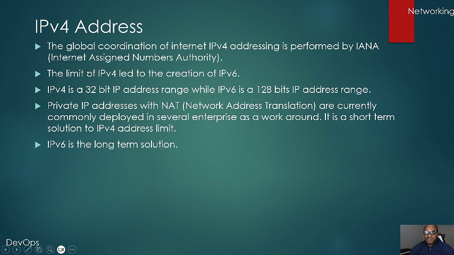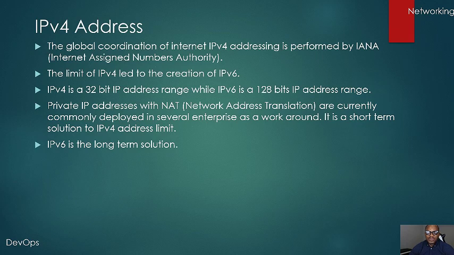And because at the point they discovered that the IPv4 address is not going to be enough, that was what led to the creation of the IPv6 address. IPv6 address is a 128-bit IP address, which gives us an astronomical number of IP addresses that can be created from it. And many organizations today are just not changing yet to IPv6 address.